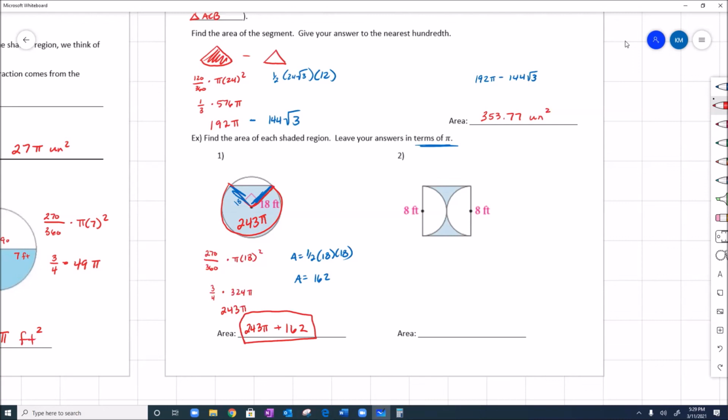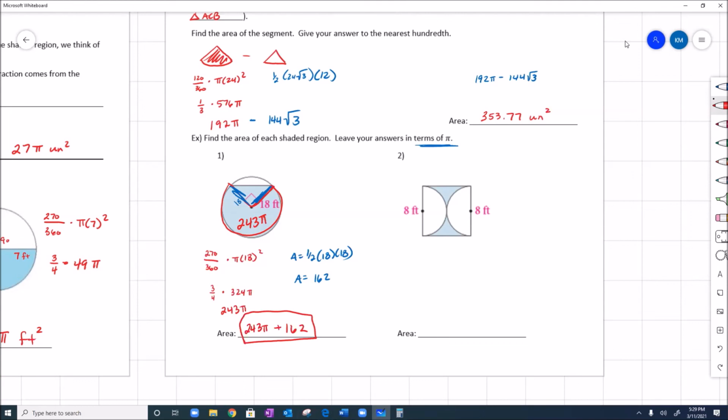Problem number 2, let's look at it. In problem number 2, we're finding the shaded region. We notice we have 2 semicircles, and 2 semicircles is basically a whole circle. I know it's arranged a little differently, but it's a whole circle.